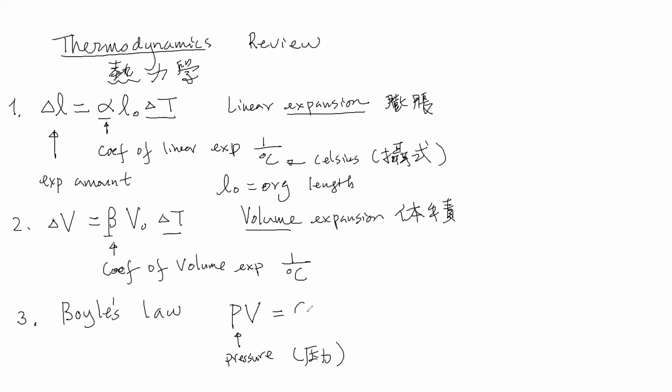So P is equal to this constant divided by V, which means P is proportional to 1 over V, or P and V are inversely proportional.